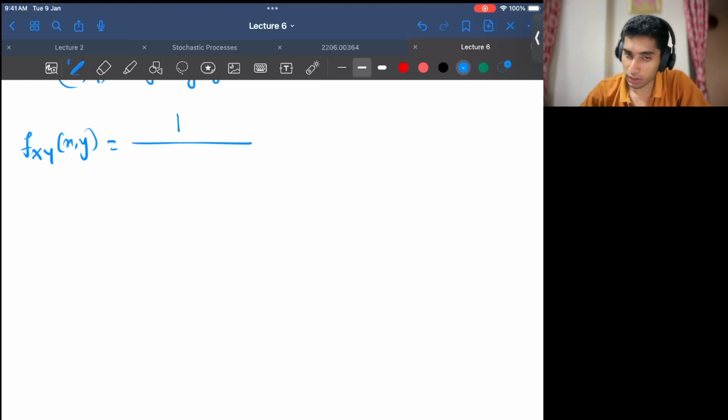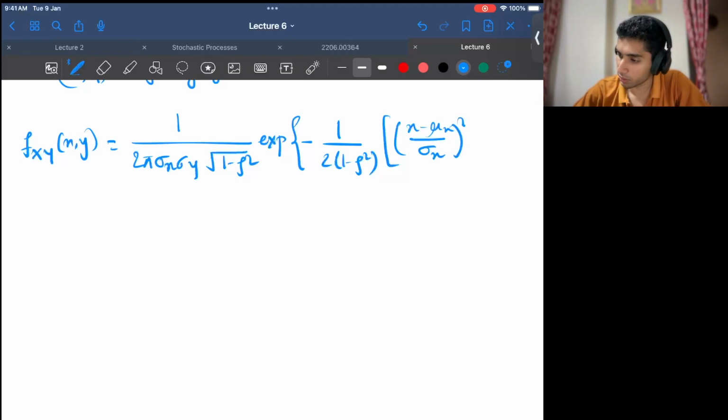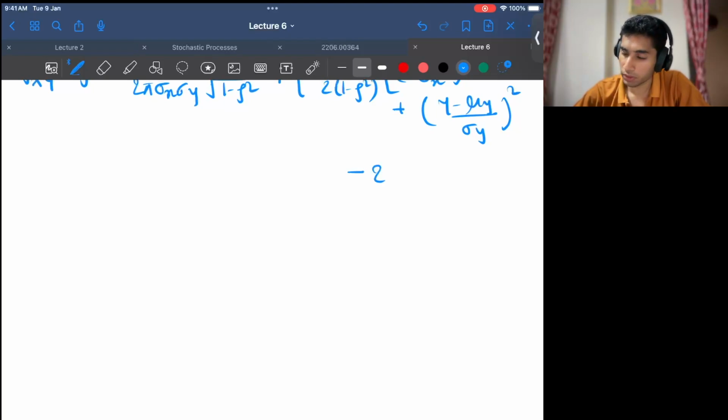That expression is 1 by 2 pi sigma x sigma y square root of 1 minus rho square, times exponential of minus 1 by 2 times 1 minus rho square, times (x minus mu x by sigma x) whole square plus (y minus mu y by sigma y) whole square minus 2 rho (x minus mu x by sigma x)(y minus mu y by sigma y).